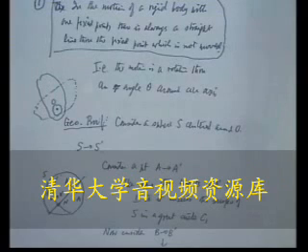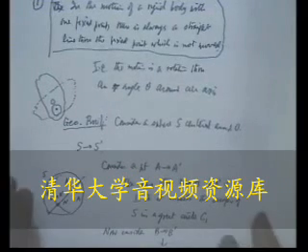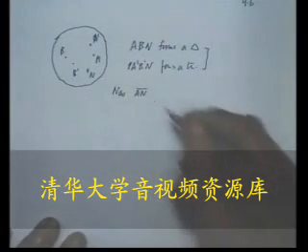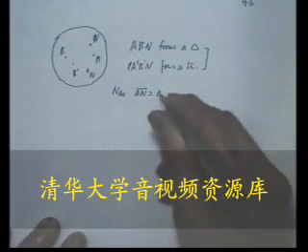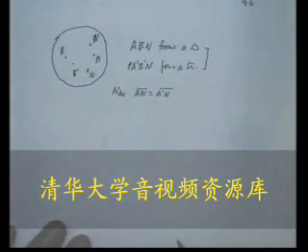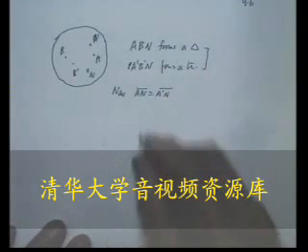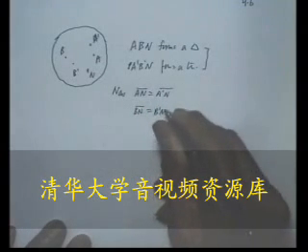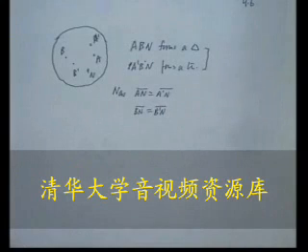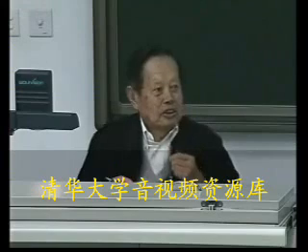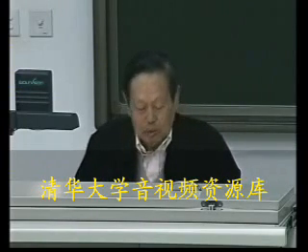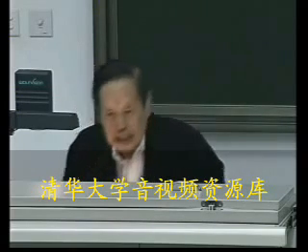Look at the picture and it's clear. So we know distance AN is equal to A prime N. For the same reason, the distance BN is equal to B prime N. It's the same construction, because N is on both the first big circle and the second big circle. On the second big circle, its distance to B and B prime is the same.